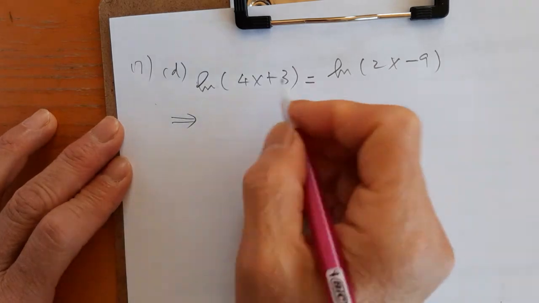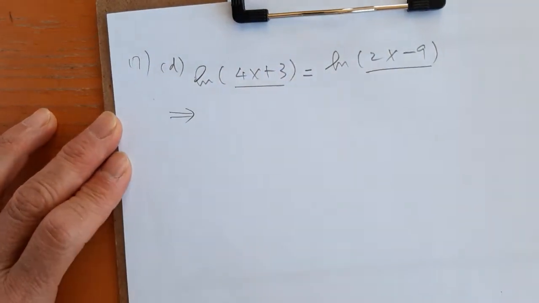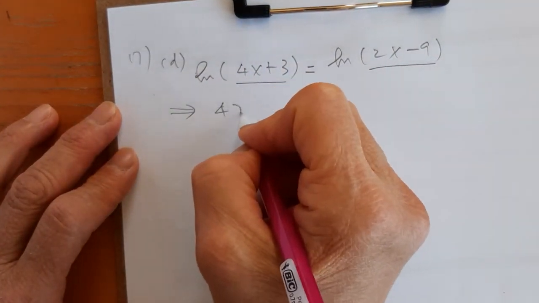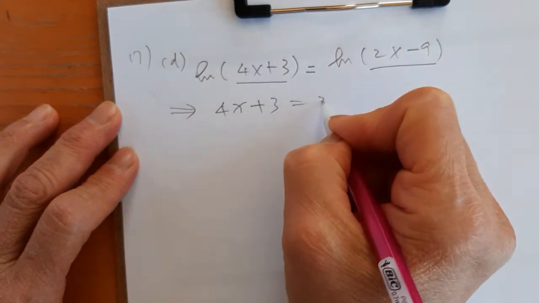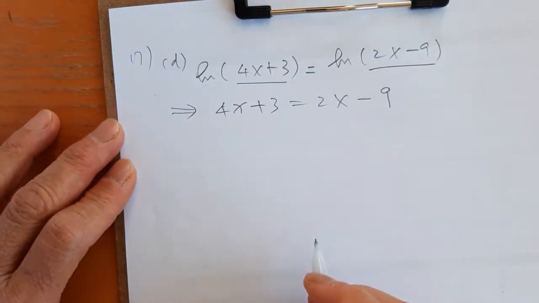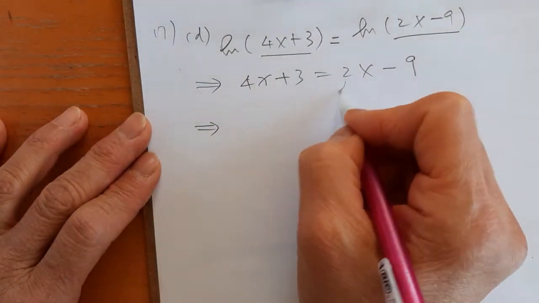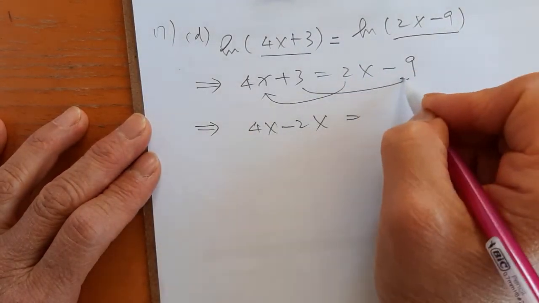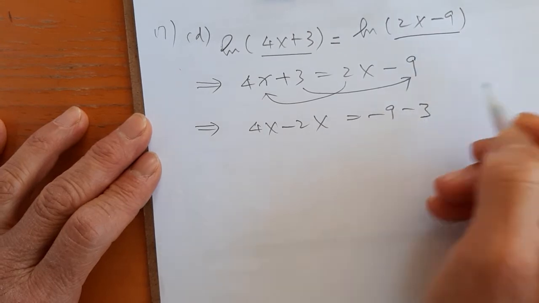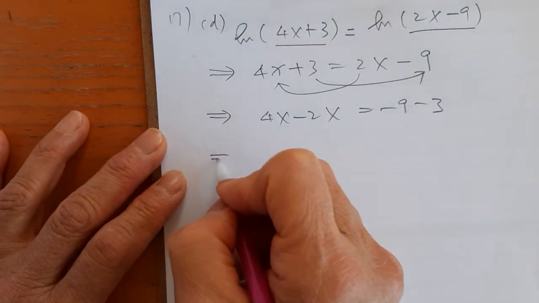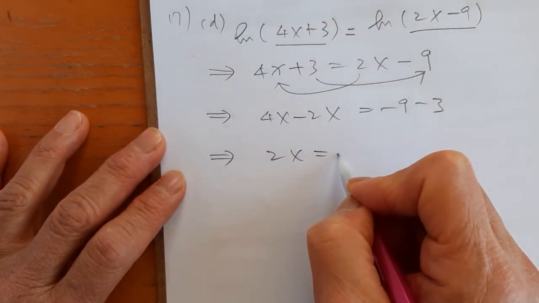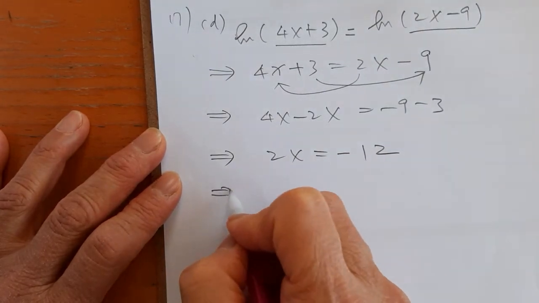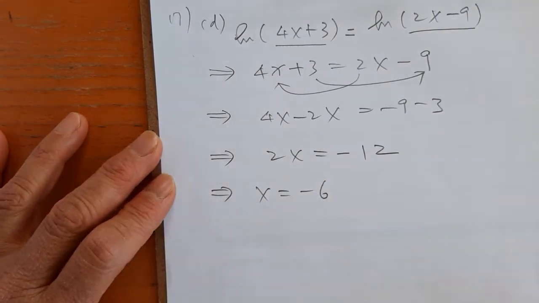Since this is the ln function, the arguments should be equal: 4x + 3 = 2x - 9. Then solve for x. Move over 4x minus 2x, and move the 3 over, changing the sign to minus 3. Combine: 2x = -12. Divided by 2, you get x = -6.